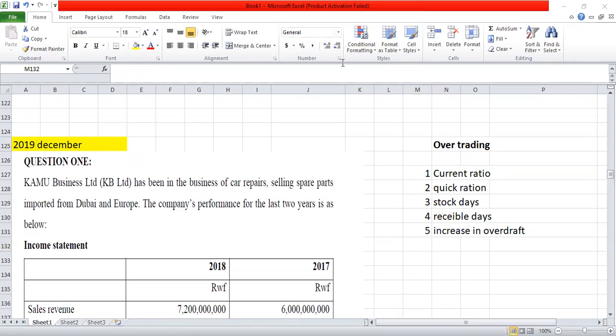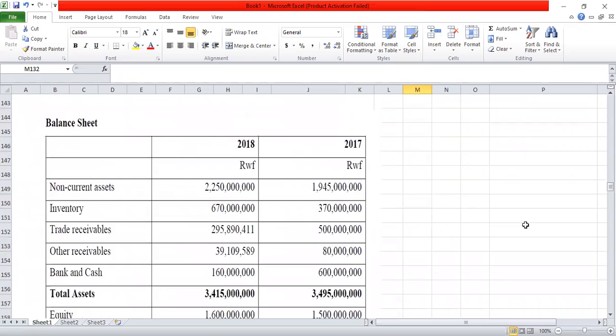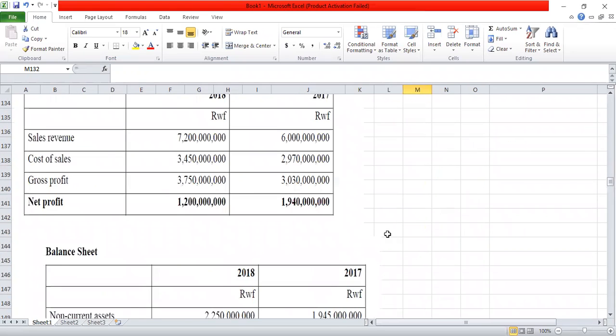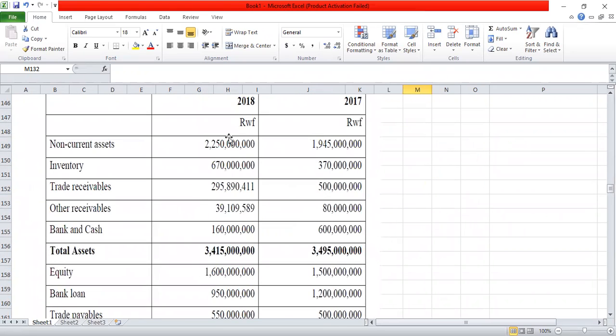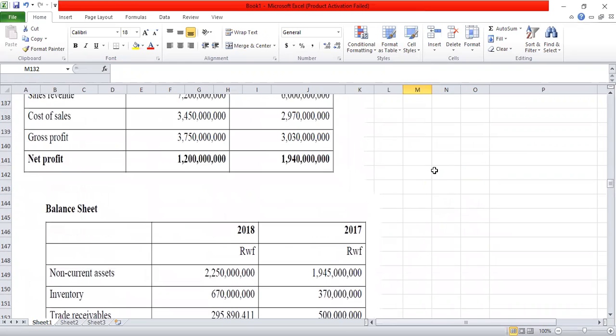The question is written there. It's December 2019. So I think you can do the overtrading. For example, if you check the current ratio, that is current assets divided by current liabilities.